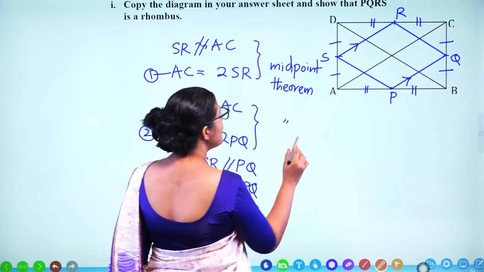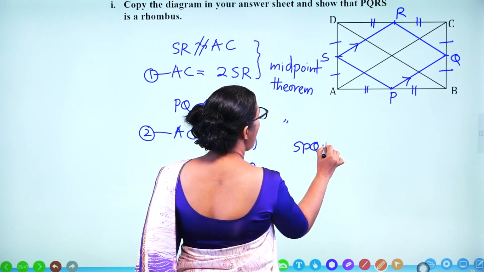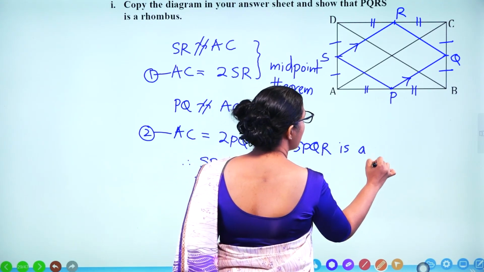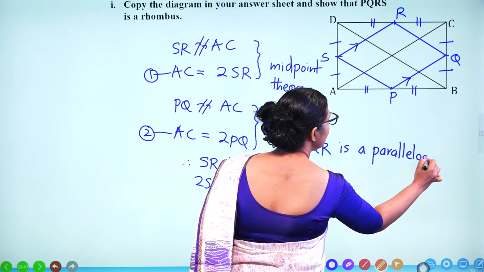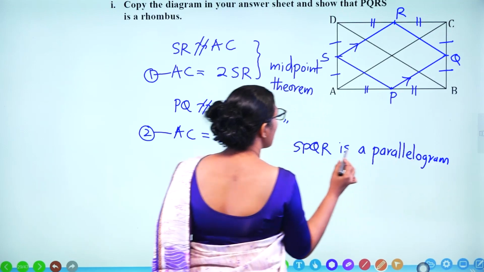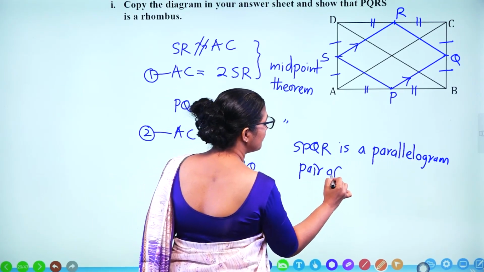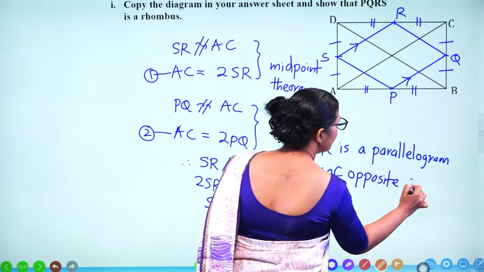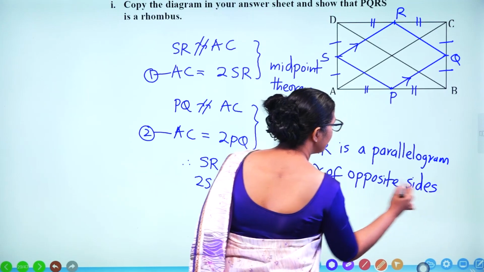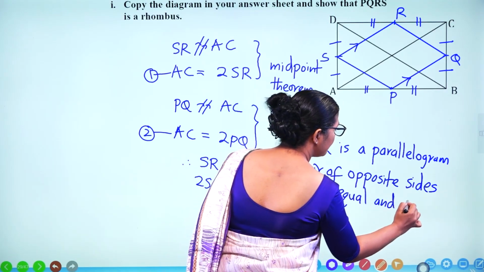So you can now say SPQR is a parallelogram. Why? Pair of opposite sides equal and parallel.